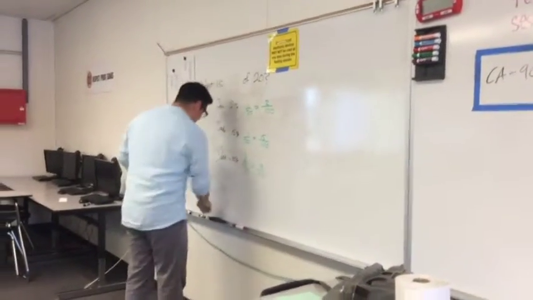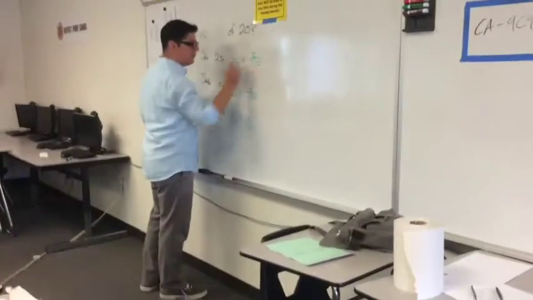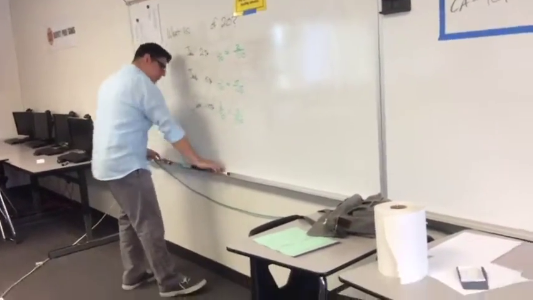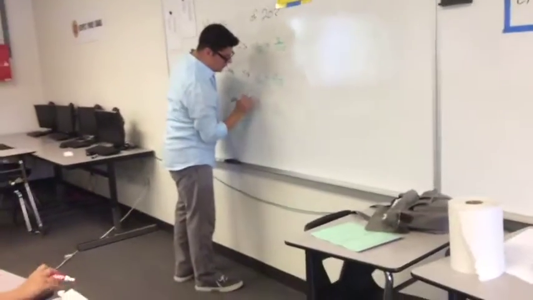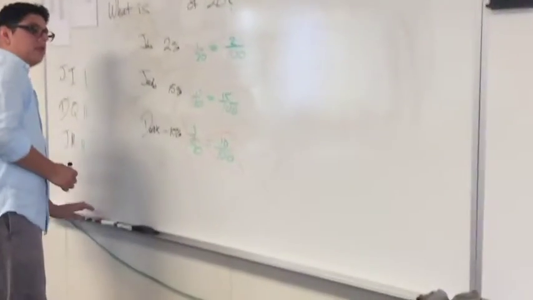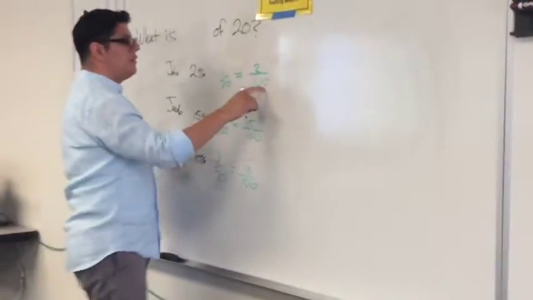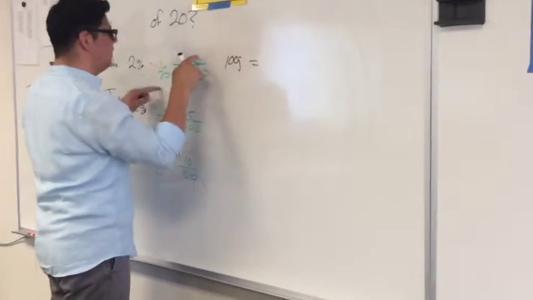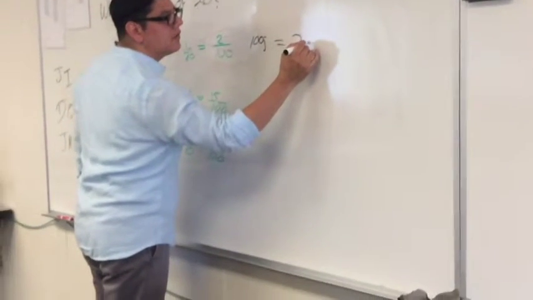Now I'm going to do this whole thing, right? I'll go through this. So what am I multiplying here? 100 and j, right? So 100j equals 2 times 20.